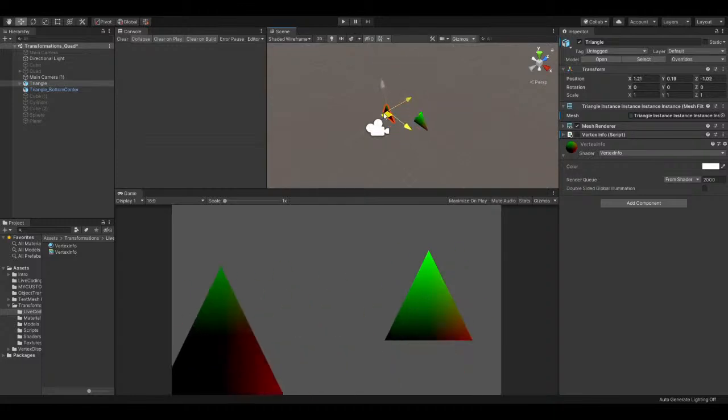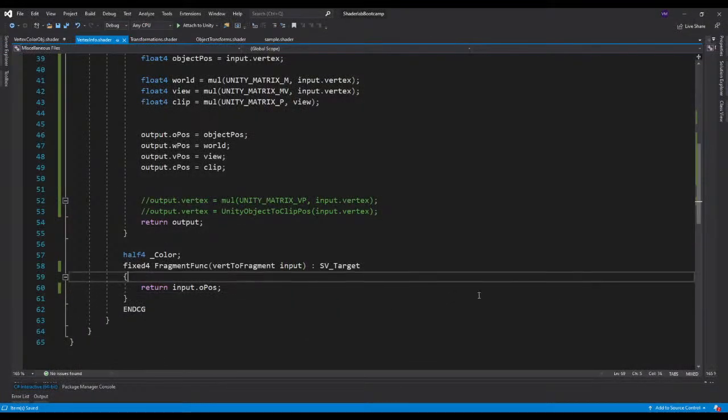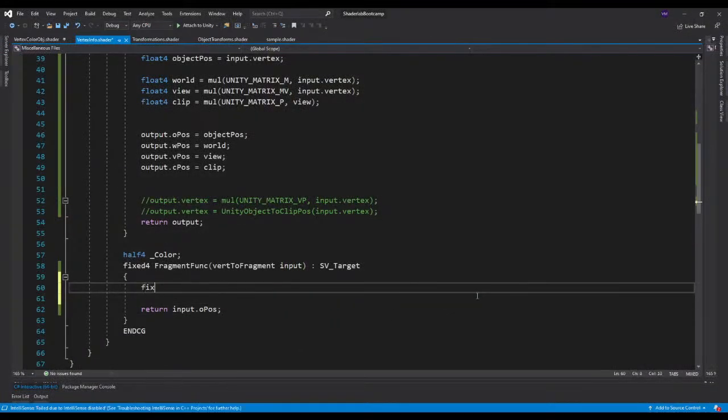So if you see, whenever I map these vertices with the object space positions, right? I hope you understand one point here, that when I say mapping, I'm basically doing this. Fixed4 color is equal to four RGB values, right? So let's assume float r is equal to 1.